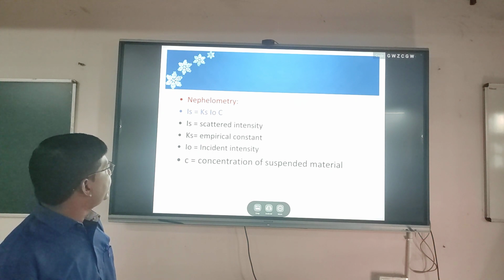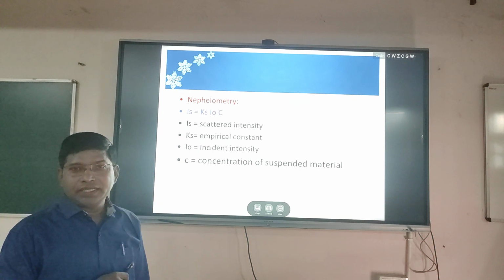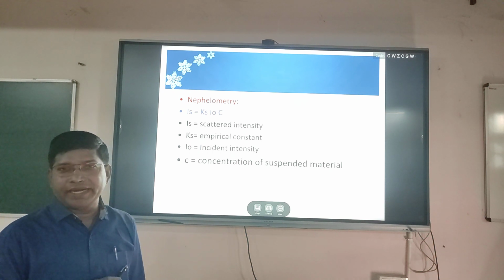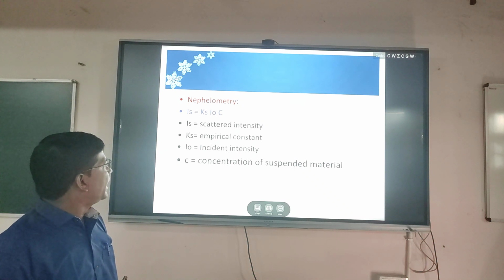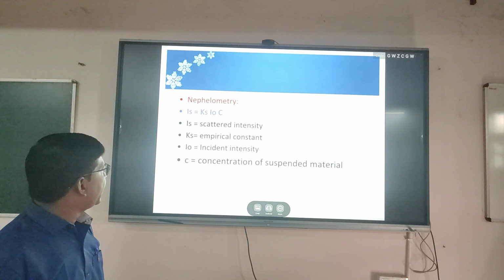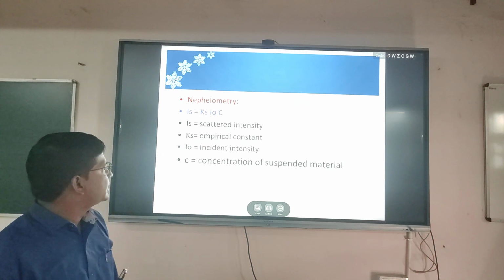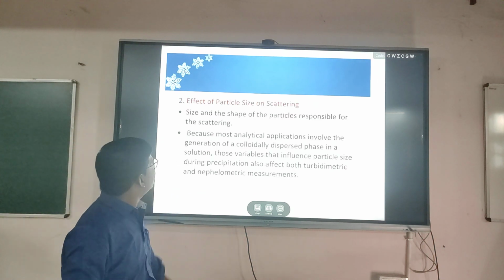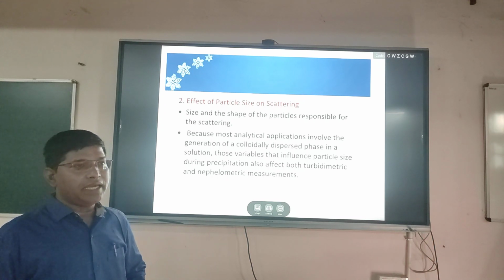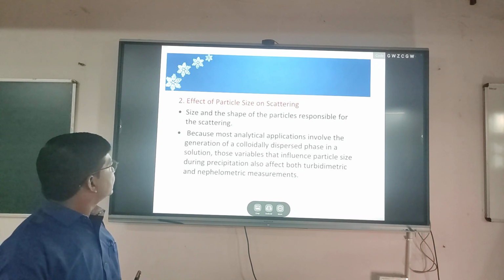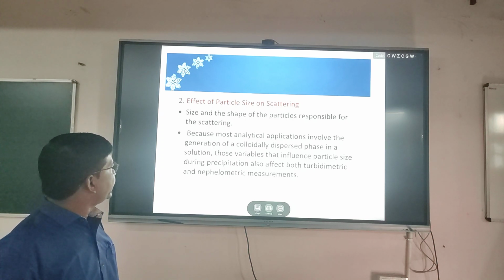In nephelometry the measurement of scattered radiation is equal to K times I0 times C, where K is a constant, I0 is the incident radiation and C is the concentration of the solution. It also depends upon the size and shape of the particles responsible for the scattering.